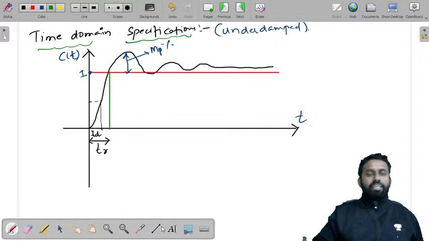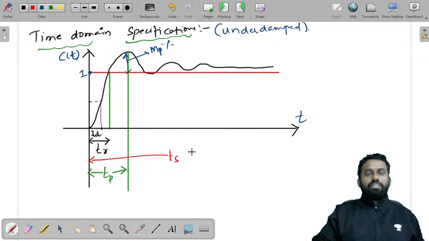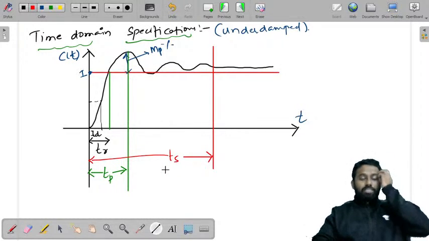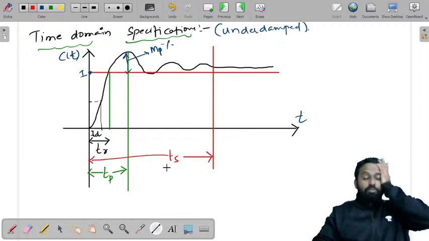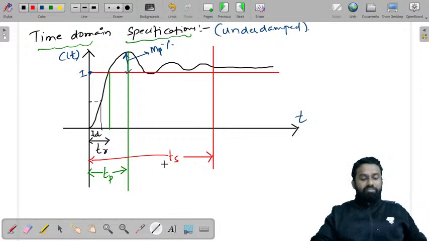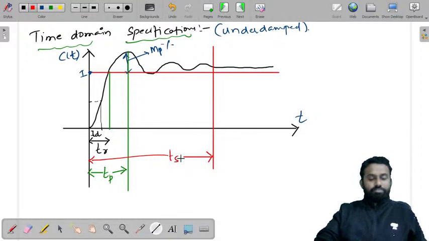The time it takes for reaching the first peak, we call peak time, TP. And the time it takes for settling down is settling time. So these are the time domain specifications from the graph of an under-damped system.